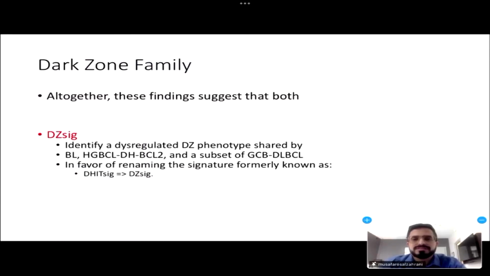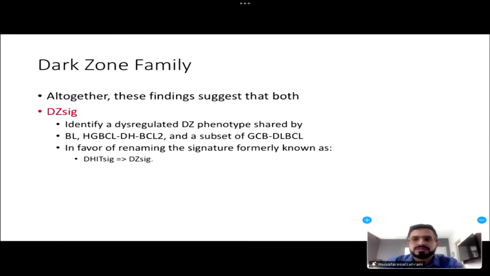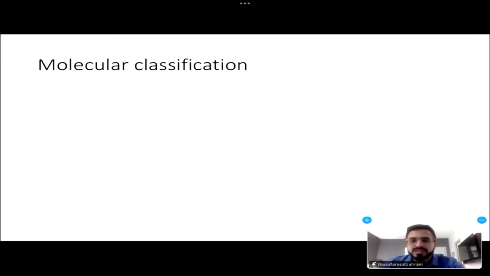So altogether, these findings suggest that the dark zone signature identifies a dysregulated dark zone phenotype that is shared by histologically different lymphomas like Burkitt, double hit, and DLBCL, and it favors renaming the signature formerly known as the double hit signature to the dark zone signature.